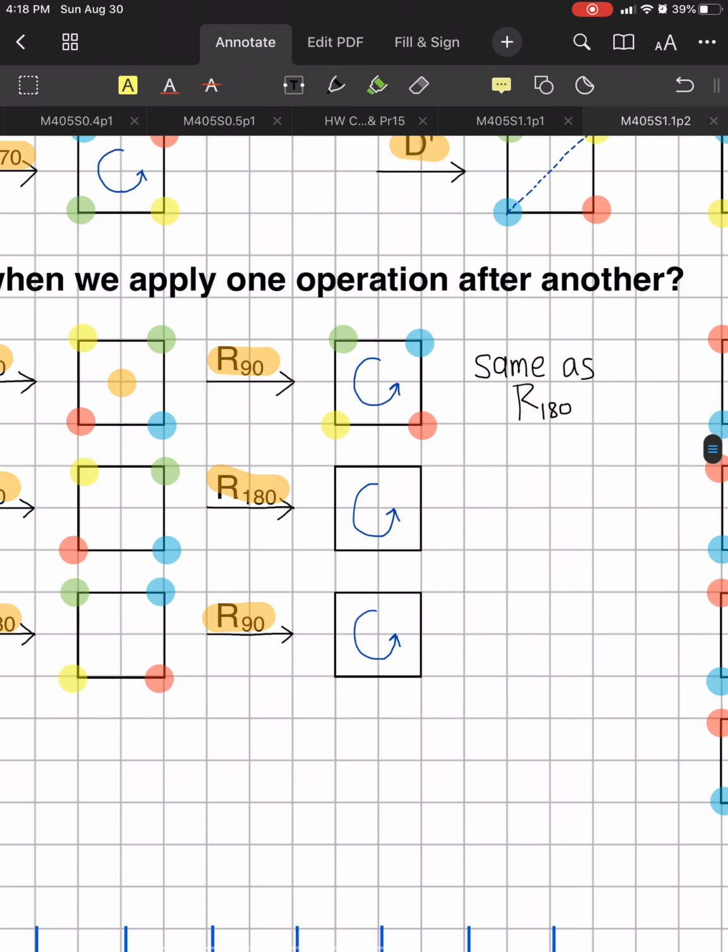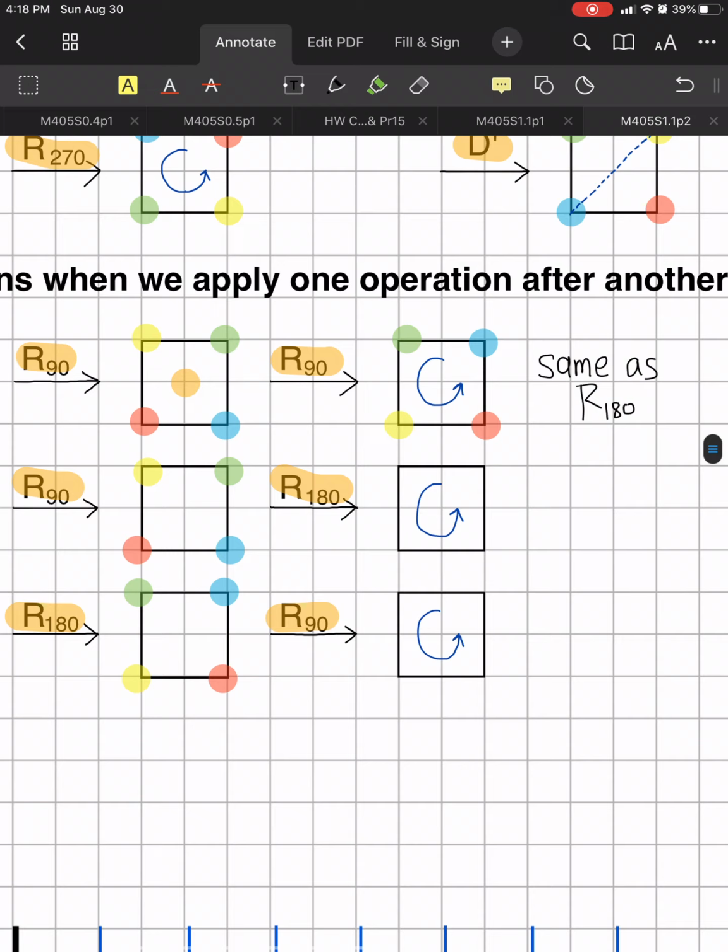Which makes sense. This is a 90 degree rotation followed by another 90 degree rotation. That should be the same as a 180 degree rotation. And because of that, you can probably guess what the other two are going to look like here. If we do a 90 degree and then we do 180 degrees on top of that, we move everything 2 times around. So we get a green dot down here.